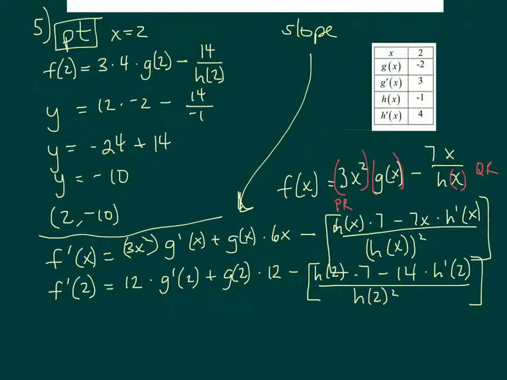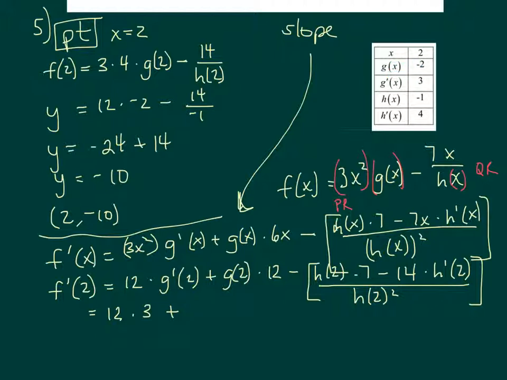All right, so let's go ahead and evaluate what each of these are. So 12, using our table, g prime of 2. Okay, so we want to make sure that we go to the g prime function, and this is our x value, so g prime of 2 is 3. All right, so times 3 plus g of 2. Again, look at the table. G of 2 would be -2.